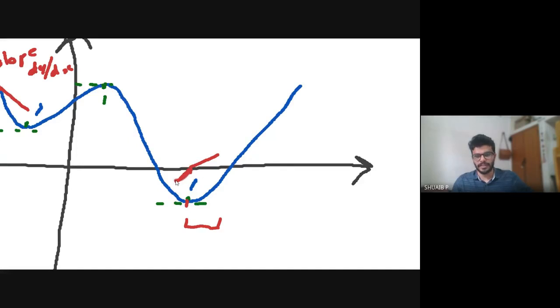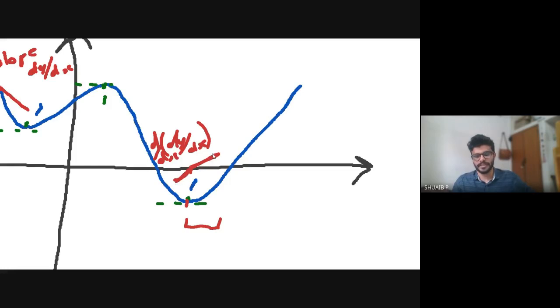So essentially, this line would represent dy by dx. Taking another derivative of this function would mean taking another derivative of this line itself, which implies it's the slope of this line.